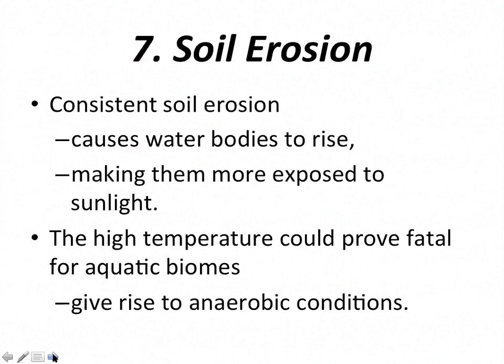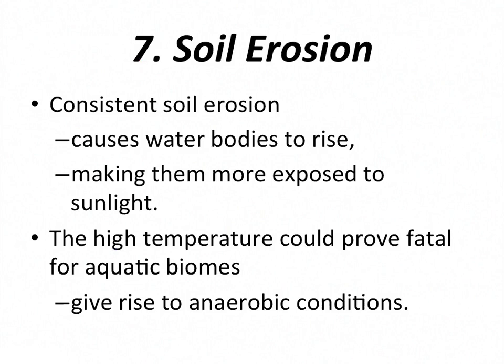Soil erosion is another major factor that causes thermal pollution. Consistent soil erosion causes the water bodies to rise, making them more exposed to sunlight, and this will be presented by a picture in the coming slides.